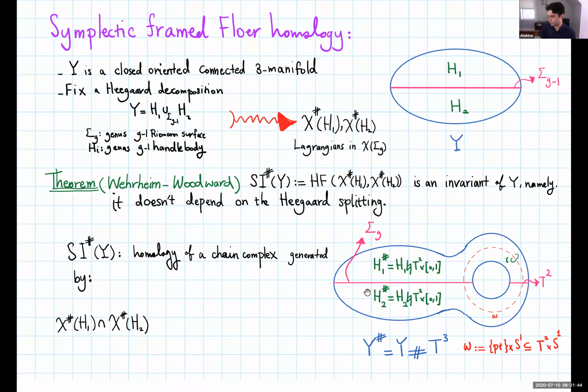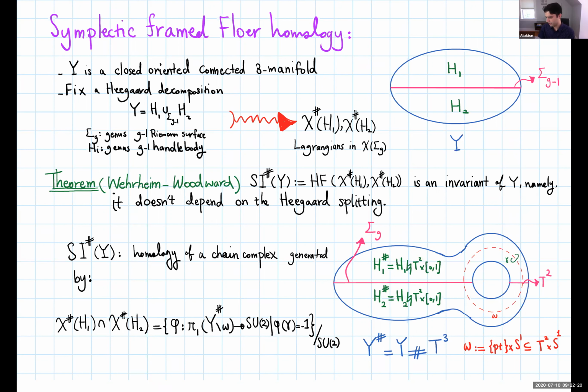And there's a natural way that you can glue these two together. Once you glue them, you get the three manifold which is Y connected sum the three-dimensional torus T3. I'm going to call this three manifold Y sharp. You should also notice that the arcs in the top and the bottom part of the picture can be glued to each other, and it's just a copy of a point times S1 inside T3.